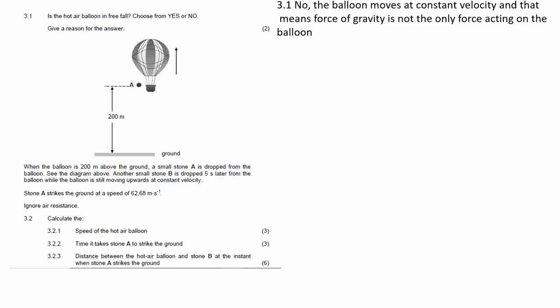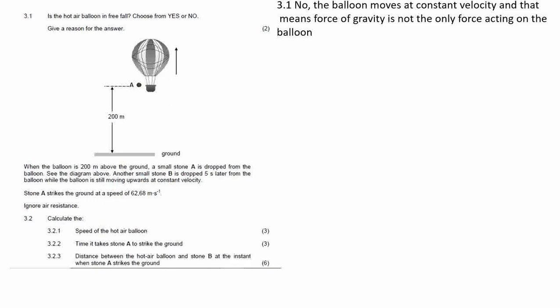Right before question 3.2, we were given this statement: when the balloon is 200 meters above the ground, a small stone A is dropped from the balloon. See the diagram above. Another stone B is dropped 5 seconds later from the balloon while the balloon is still moving upwards at constant velocity.